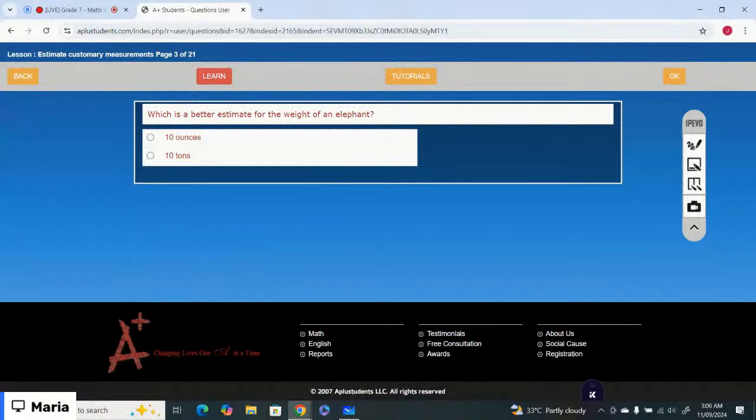Which is the better estimate for the weight of an elephant, 10 ounces or 10 tons? The correct option is 10 tons, right? 10 ounces is too little for the weight of the elephant.